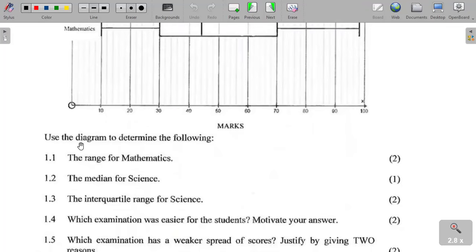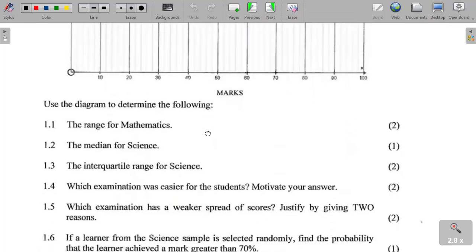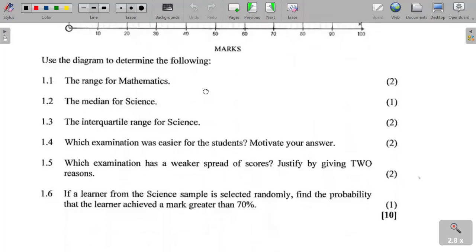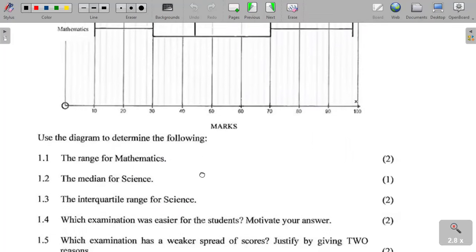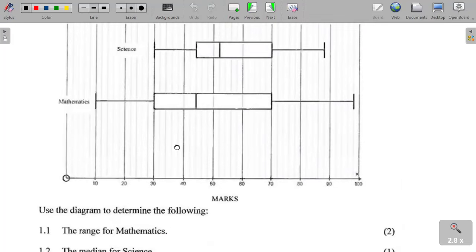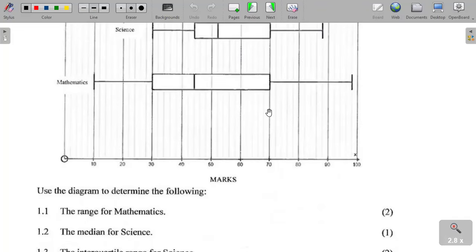Use the diagram to determine the following: the range for mathematics, 1.1. How do we find the range? For mathematics, we say the highest value, which is over here, minus the smallest value, which is over there.